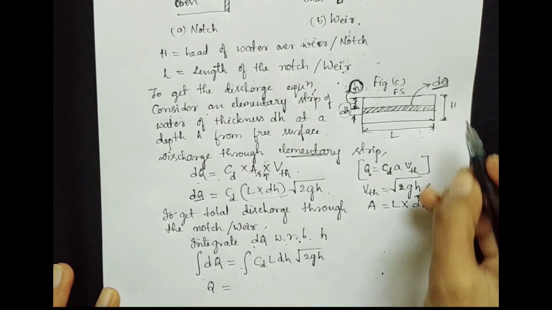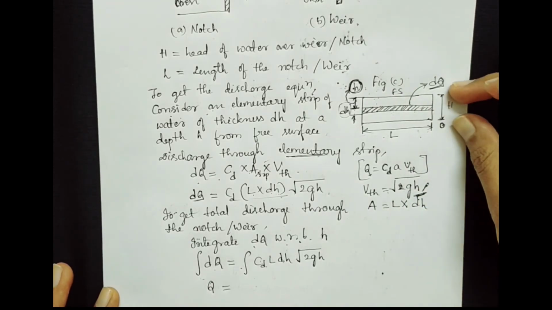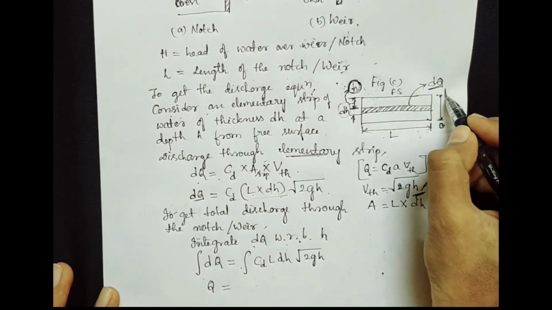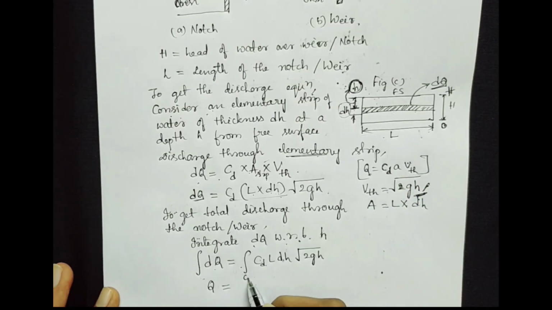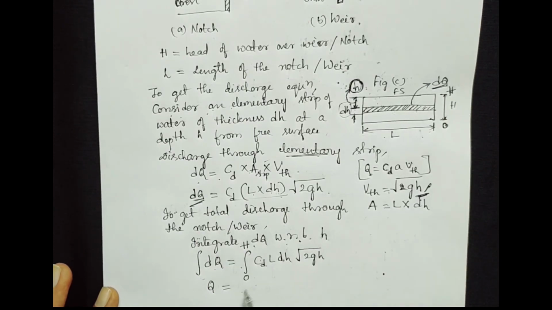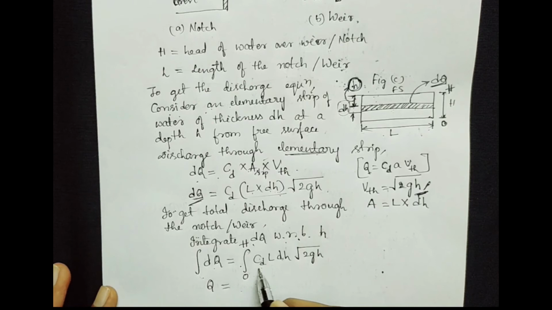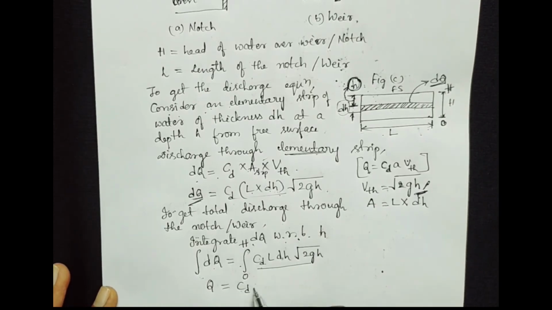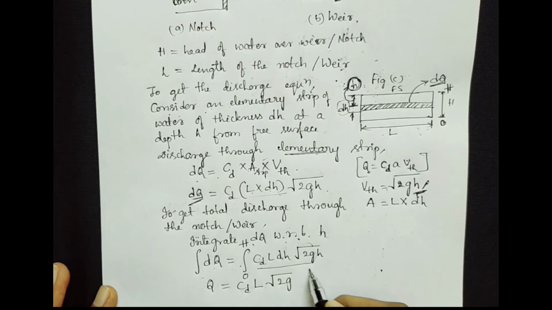We know the total height is capital H, so we integrate the elementary discharge dq with respect to h from the limit 0 to H. In this equation, Cd is constant, L is constant, and 2g is constant, so you can take them outside. It will be the integral from 0 to H of root h dh.